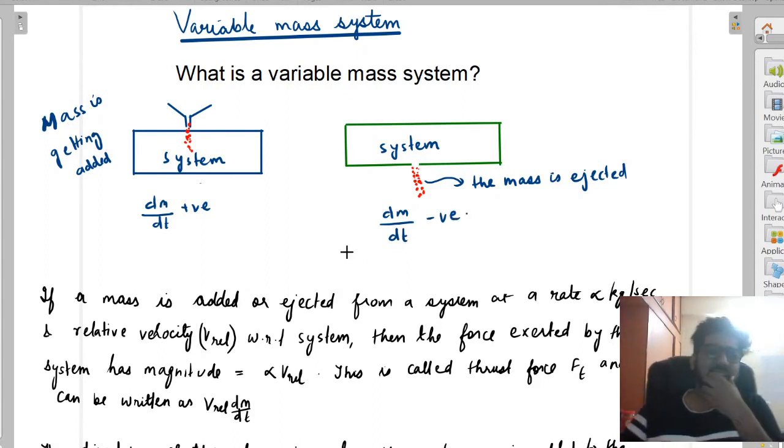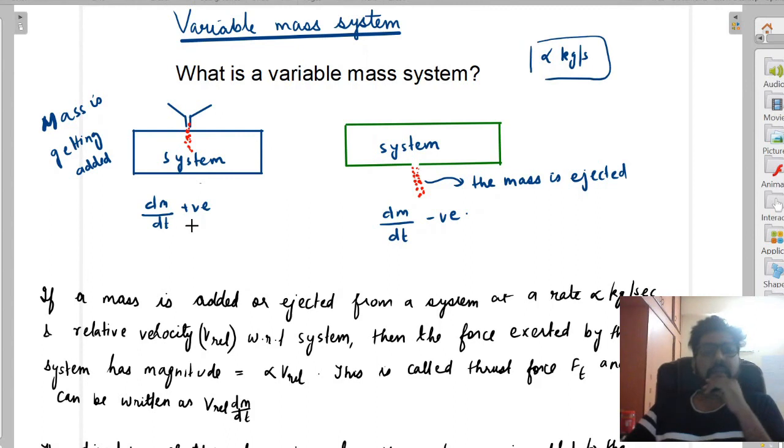So let us assume that the mass is added or ejected from a system at a rate alpha kg per second. So here you will write dm by dt is plus alpha, and here you will write dm by dt is minus alpha. Okay, and let the velocity of the added mass or the velocity of the ejected mass with respect to your system be given by v relative.